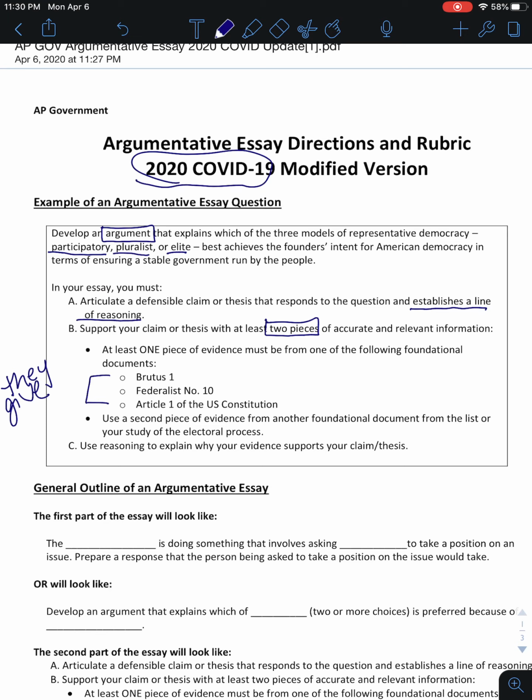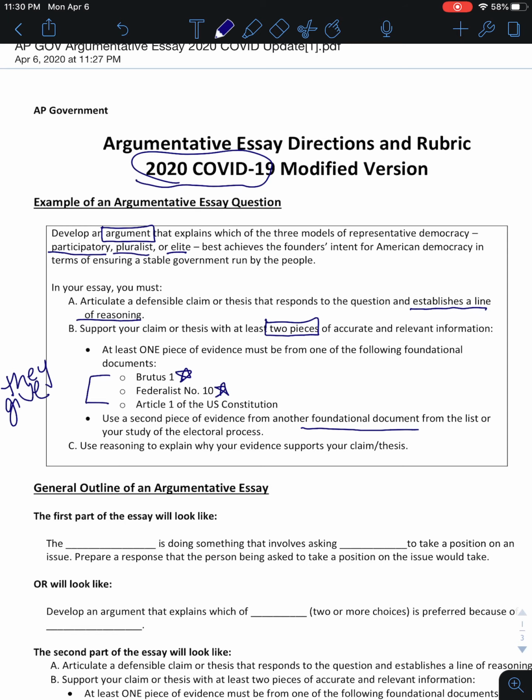It doesn't necessarily have to be a foundational document. It can be anything that you've learned in the government class, but it can be. You'll notice it says use a second piece of evidence from another foundational document. So you could choose to use Brutus 1 and Fed 10 in your answer if you want to.